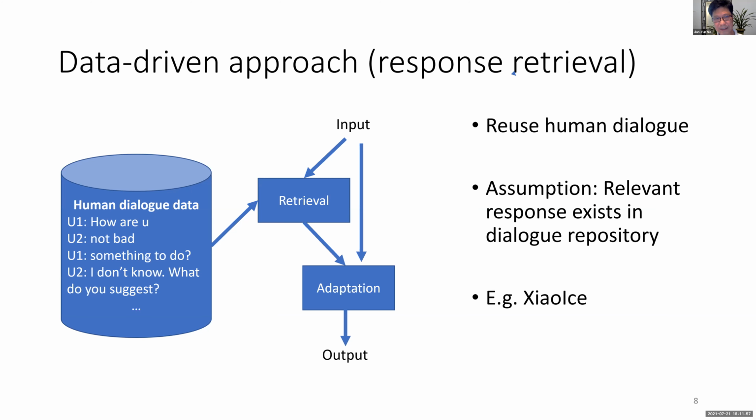Here the problem is to select some relevant, appropriate response from that repository that corresponds to the input. So it is basically a retrieval process. The retrieved output could be adapted somehow, but very often we don't use this adaptation. We just present the retrieved output to the user. This is a typical schema used in systems such as Xiaoice.